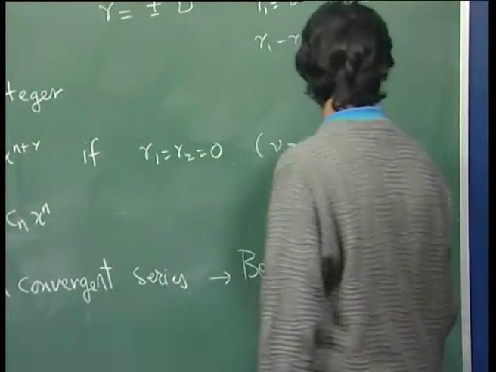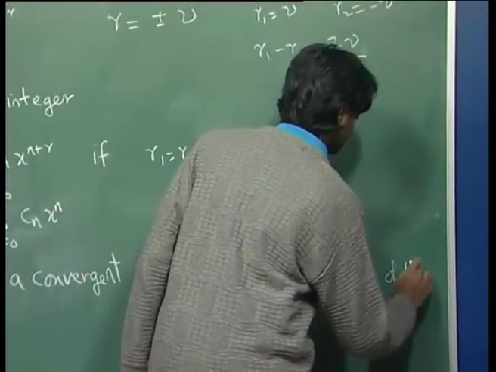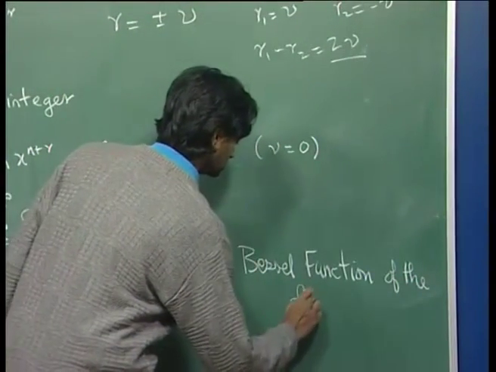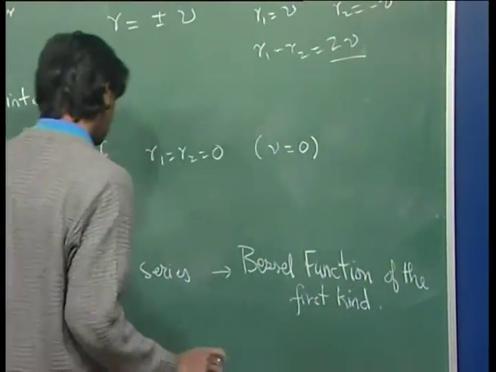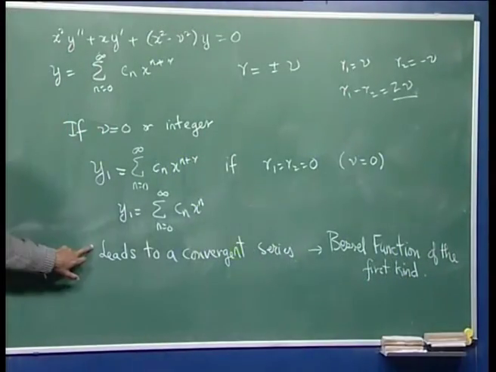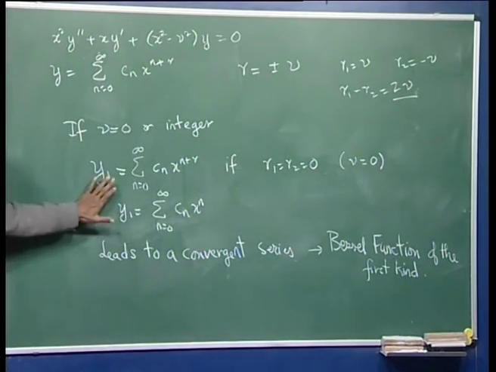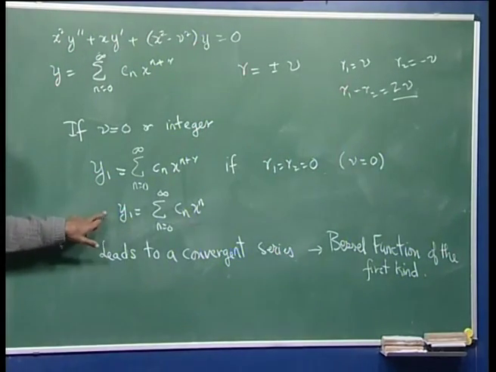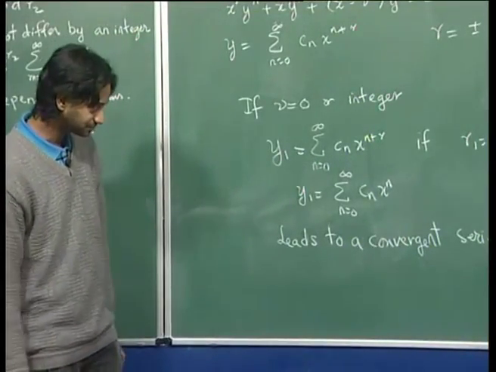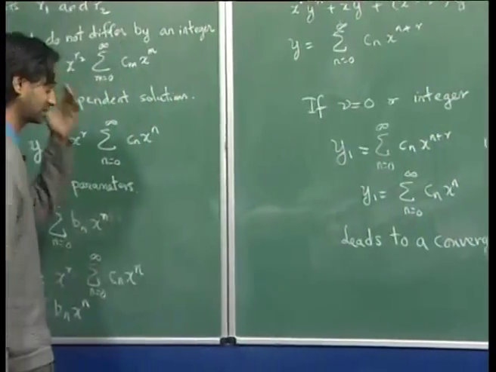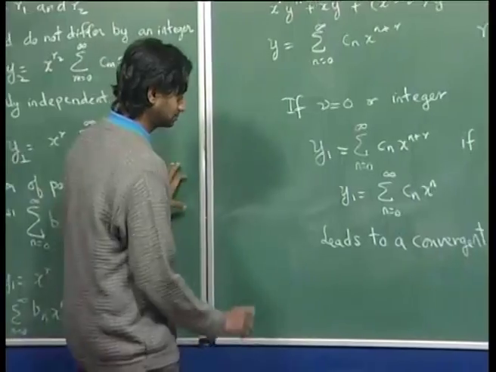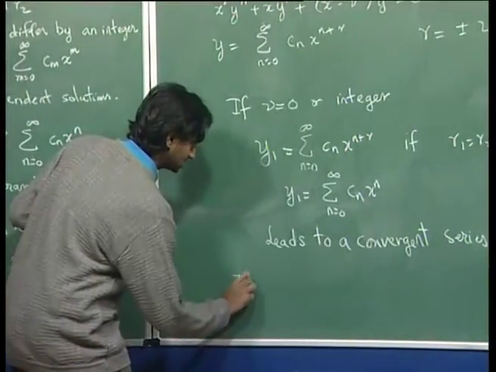So, this is called Bessel function of the first kind. Okay. I will not go into the details, because the way you find the Bessel function of the first kind is exactly similar to the way we found the Legendre polynomials. Just as we did the Legendre polynomials, you can show that this leads to the Bessel function of the first kind.